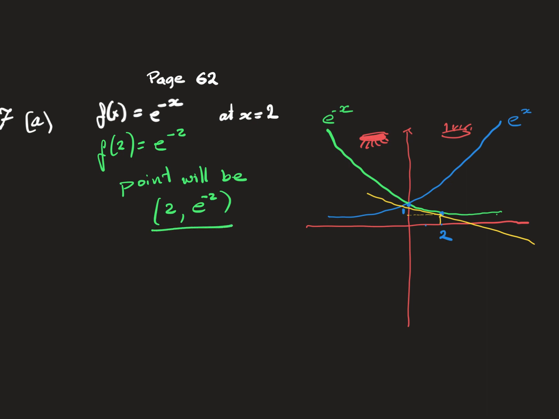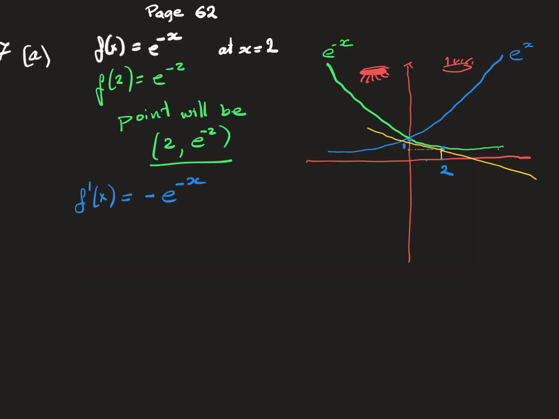Now we also need to look at the gradient. What do we do to find the gradient? Well, we need to find f dash. So the f dash of e to the minus x is going to be minus e to the minus x. You all know how to do that now really well. So that is the gradient function.